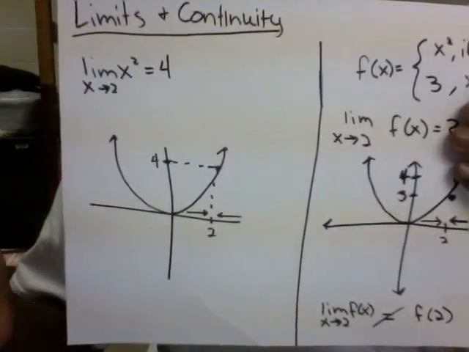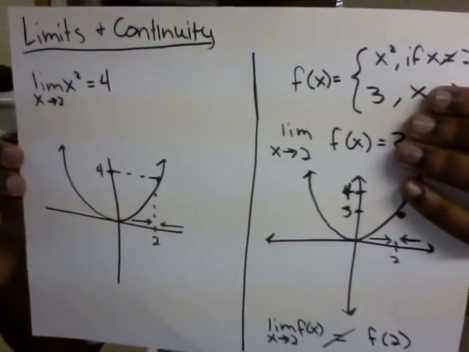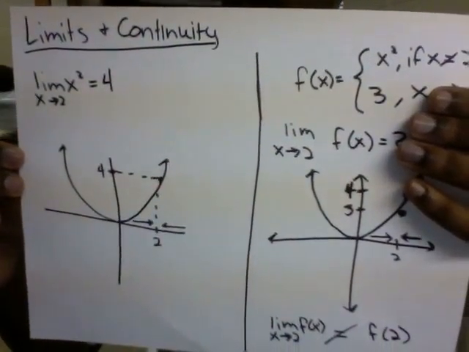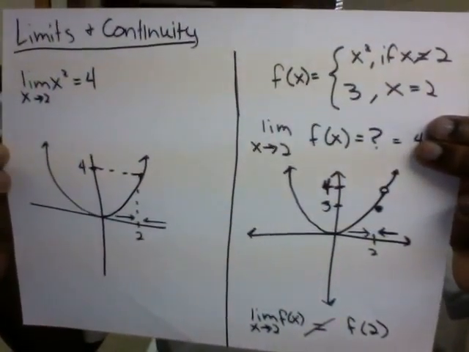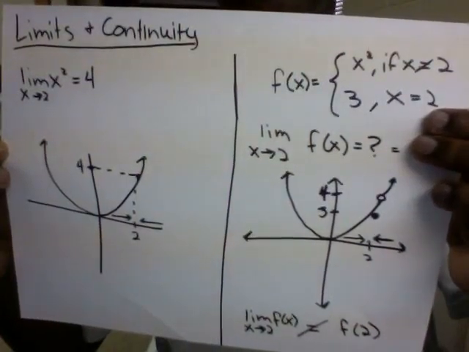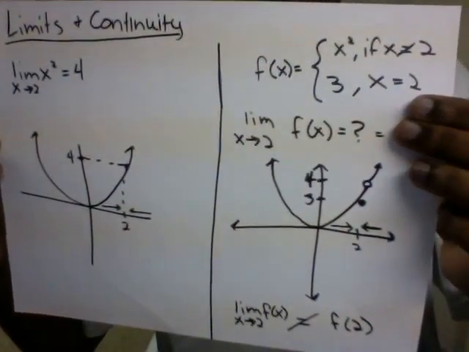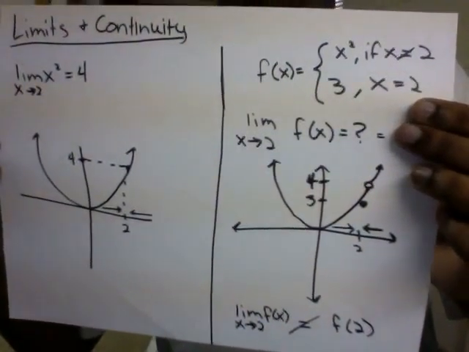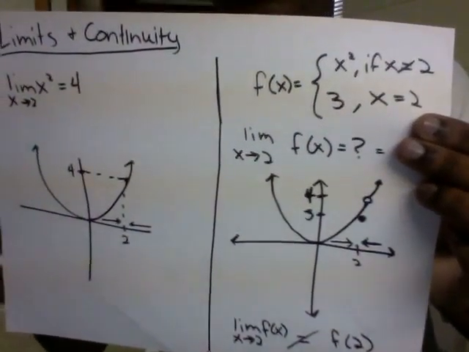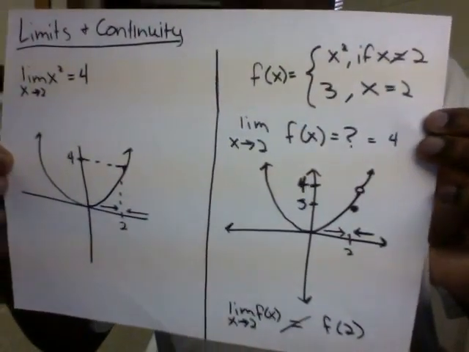But you're saying, yes, you could just plug in the value: 2 squared equals 4. But that's not always the case, as we can see in this example on the other side, where f of x equals x squared if x does not equal 2, while if x equals 2, then f of x equals 3.